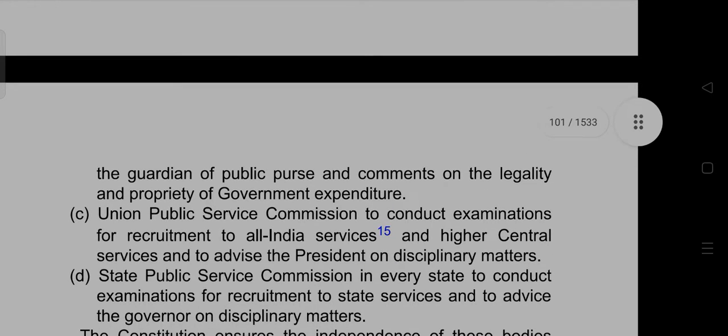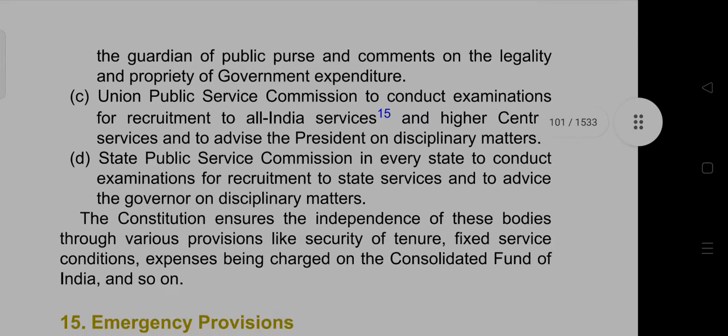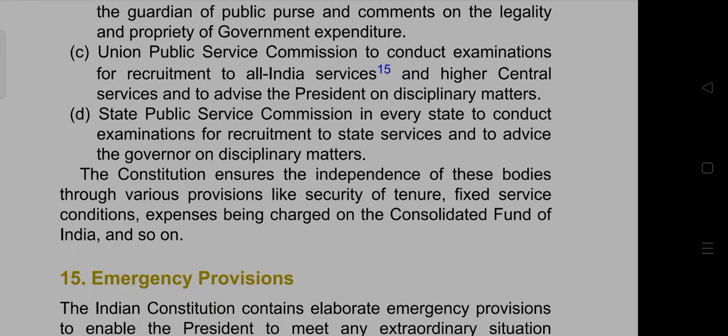He acts as the guardian of the public purse and comments on the legality and propriety of government expenditure. C. The Union Public Service Commission, to conduct examinations for the recruitment of all-India services and the higher central services and to advise the President on disciplinary matters.